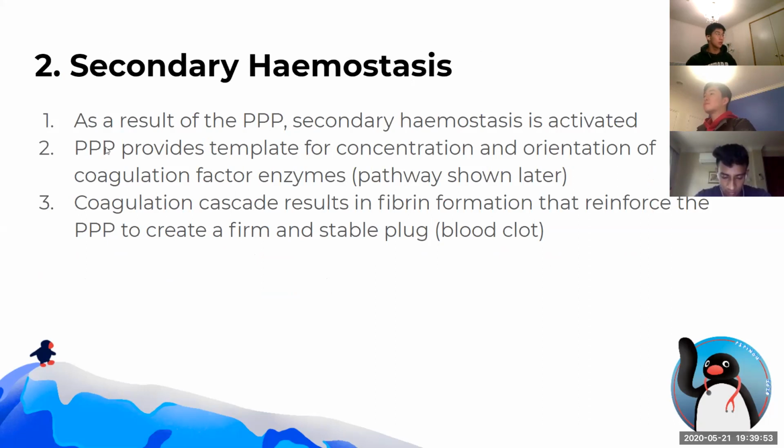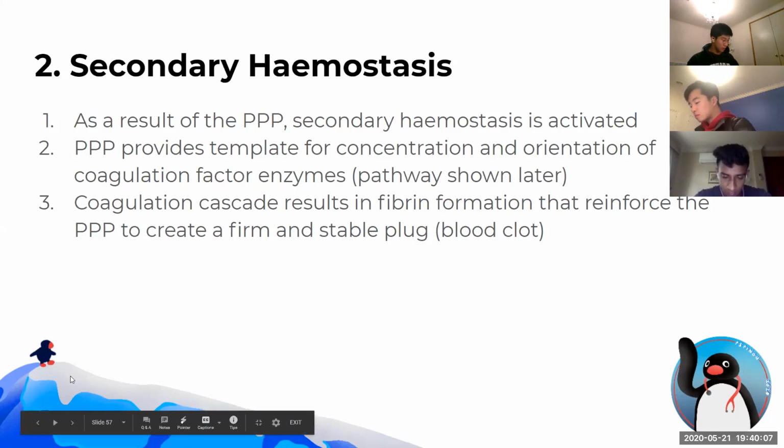So our primary platelet plug provides the template for how these cells are going to form, and it works with these coagulation factor enzymes in order to create a really firm and stable plug. So it's really strengthening this barrier to stop blood flow.